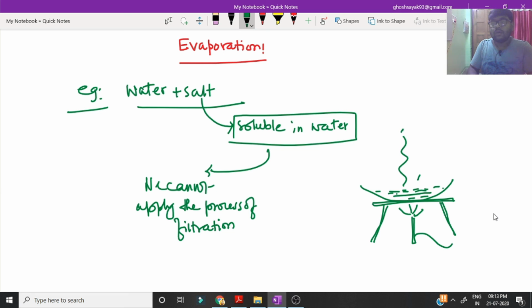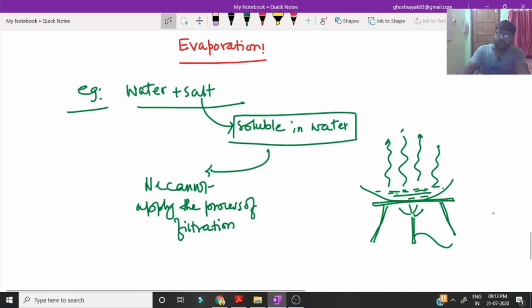The liquid part of the mixture will be evaporated, right? And what will be left? Obviously the solid part will be left. The salt will remain there. So this is how we can separate by using the technique that is called evaporation.